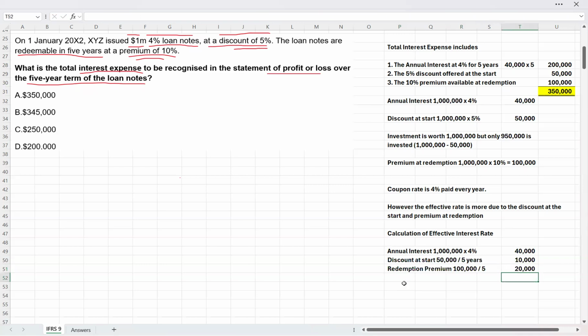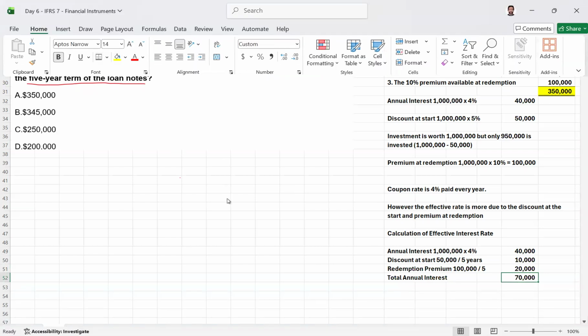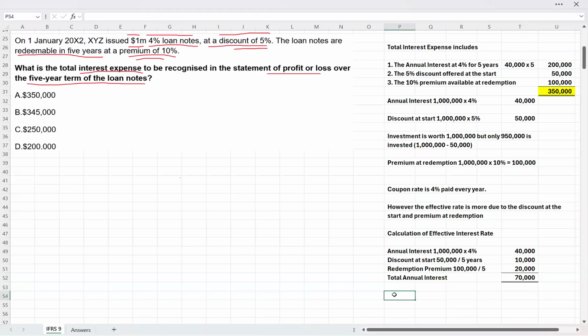So overall, the total annual interest is 70,000. So the effective interest rate is 70,000 divided by 1 million multiplied by 100.